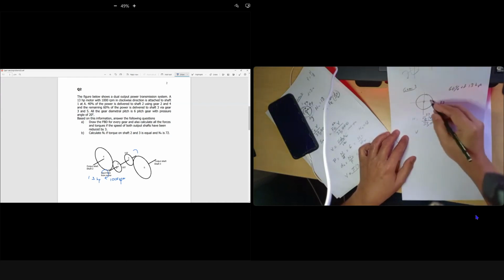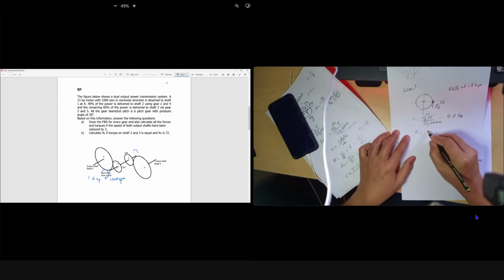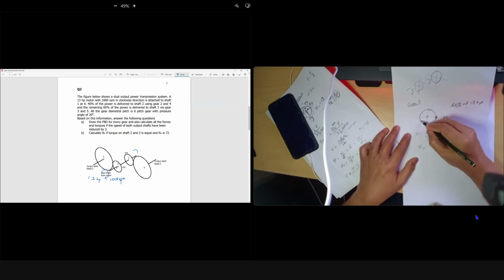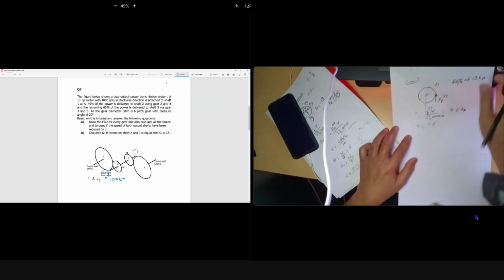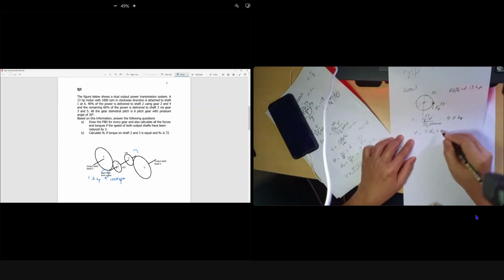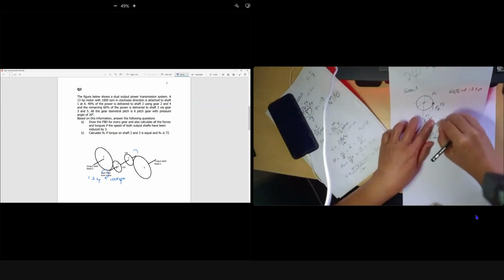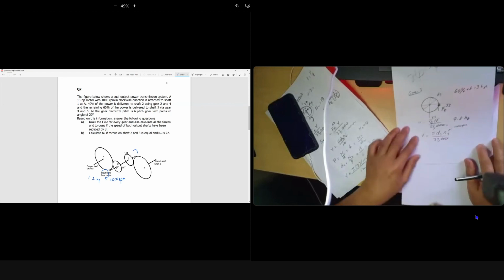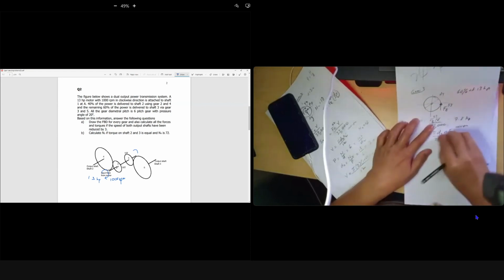Your V, pitch line velocity at gear 3, what is the equation we used just now? Pi times diameter of gear 3, this is your diameter gear 3, not gear 5, times the RPM of your gear 3, which is the same as gear 2, 1000 RPM, over 12.